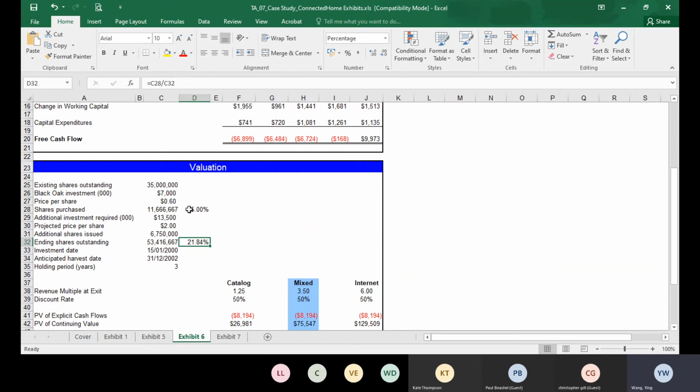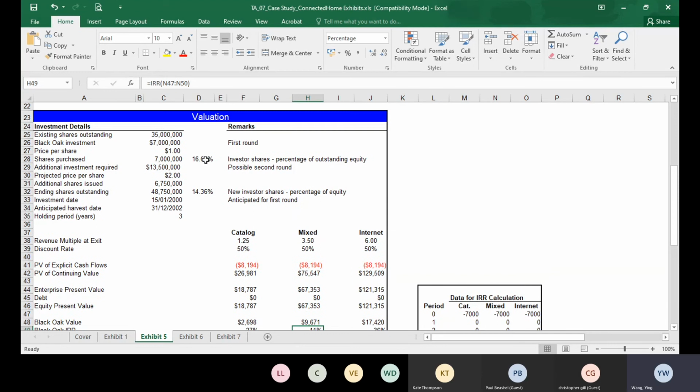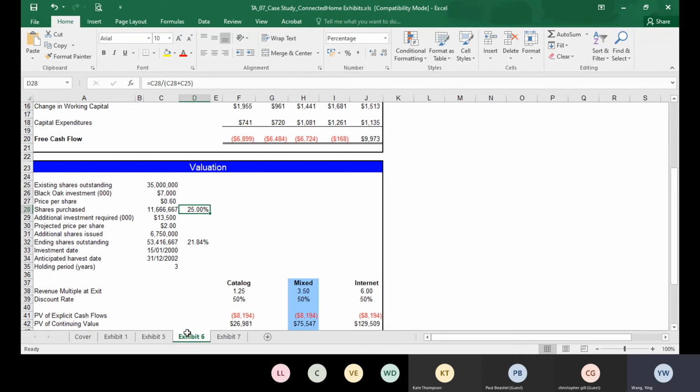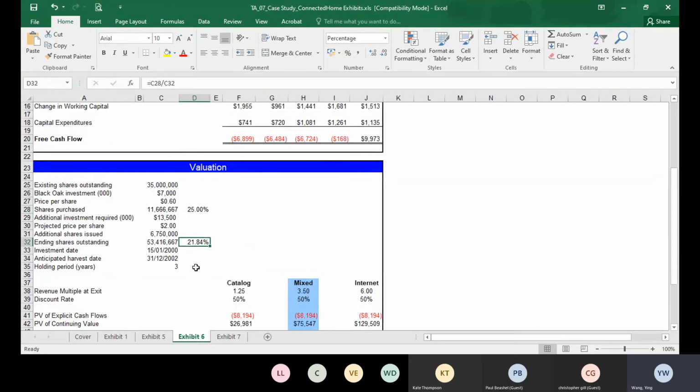So if you compare the first round with the different share price, they will get 16.67% for the first round. Now they get 25%. The second round ends up with 14.36%.